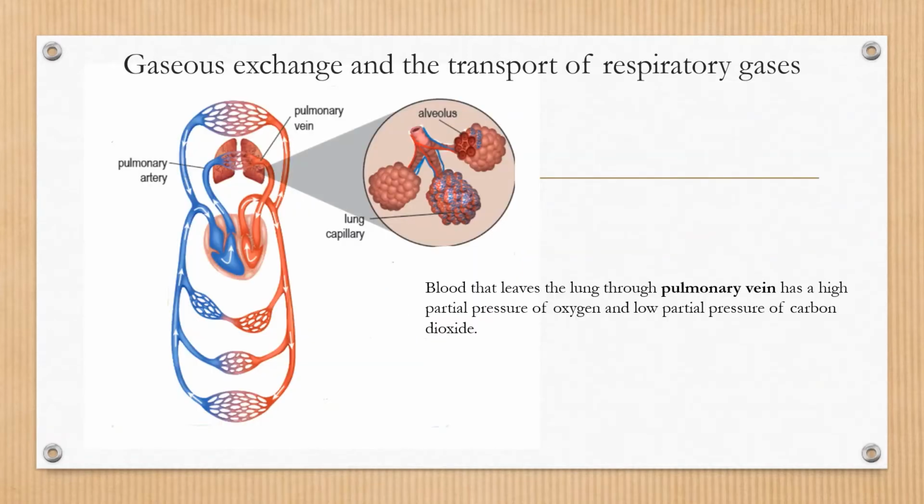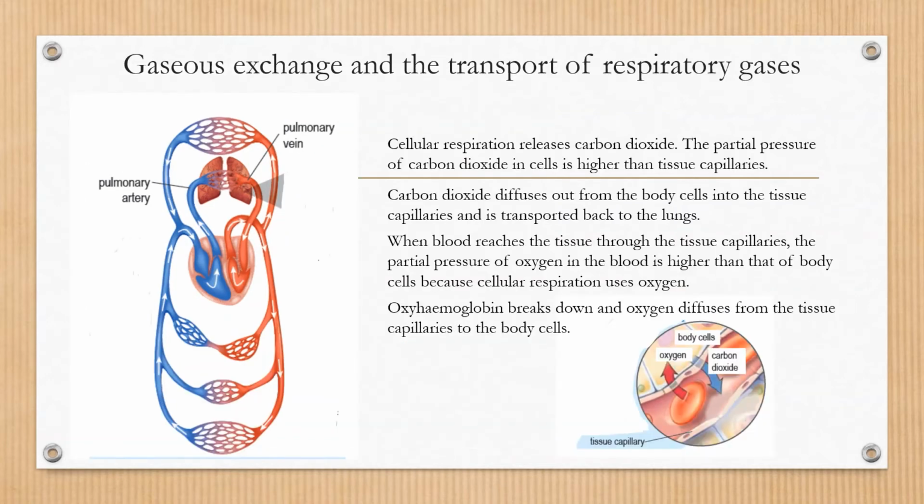Now, the blood that leaves the lung through pulmonary vein now has a high partial pressure of oxygen and low partial pressure of carbon dioxide. The blood that follows the pulmonary vein will eventually reach the tissue.